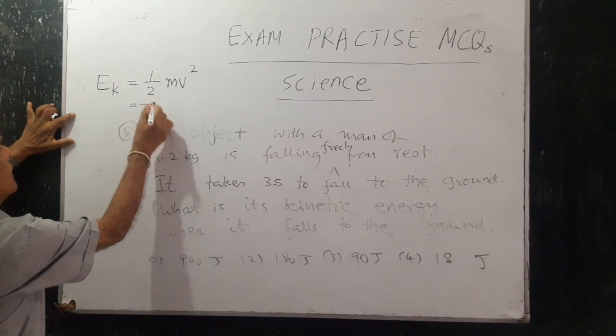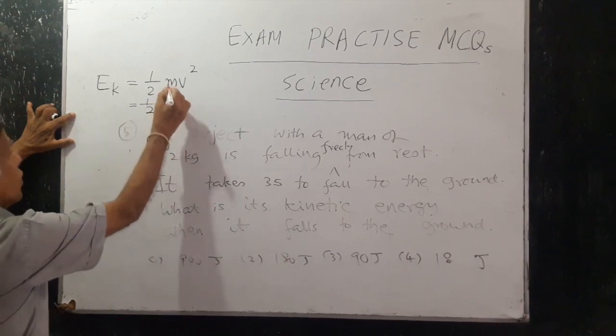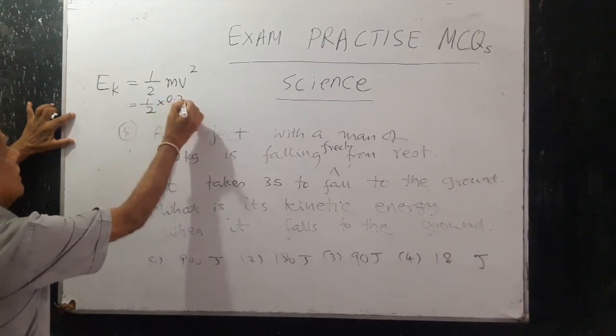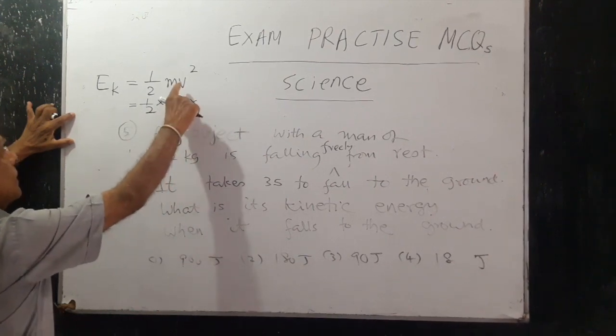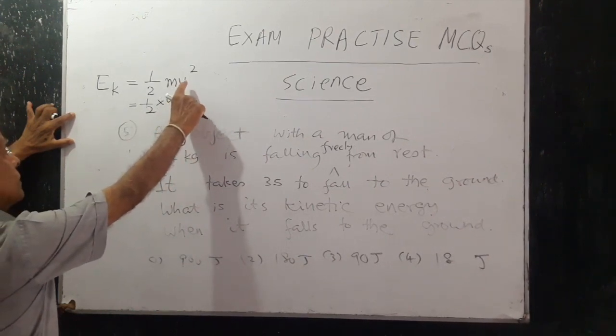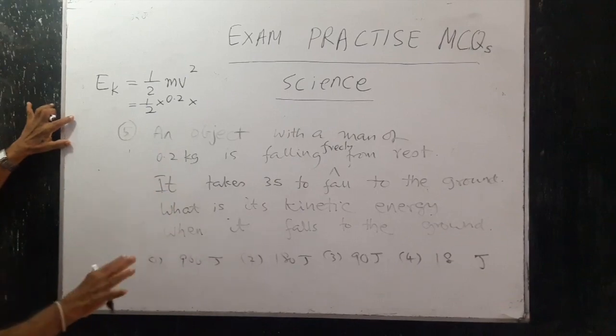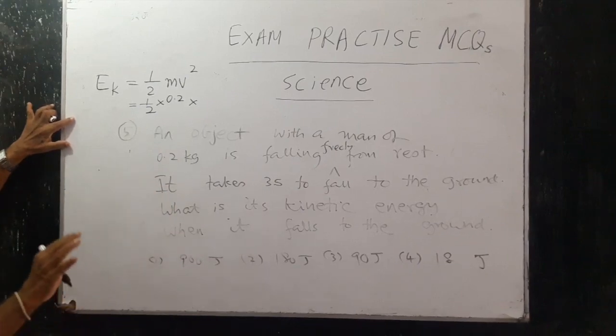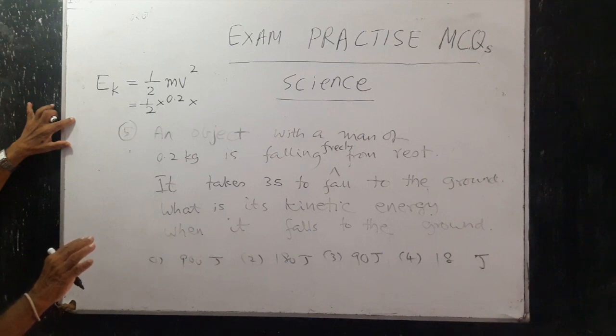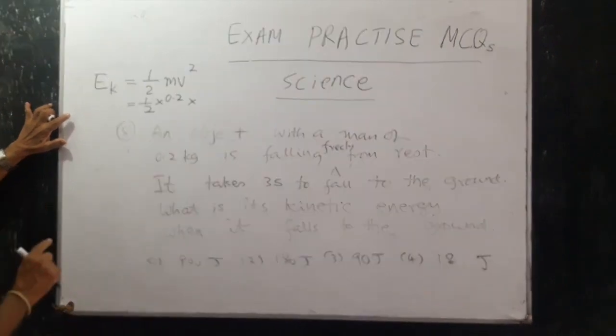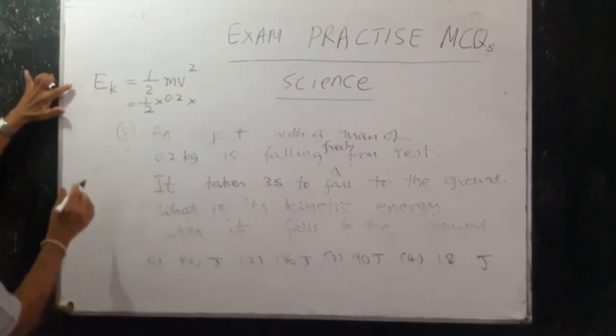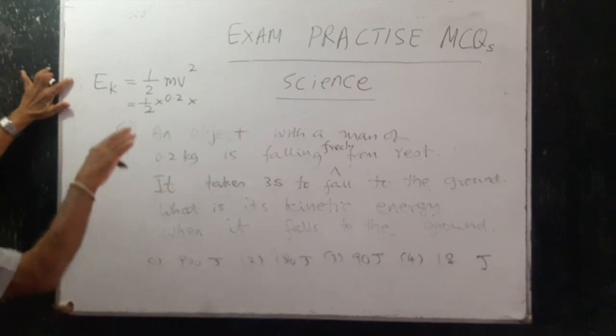Now half, you know the mass 0.2 kilograms, but you have to find out the velocity of this object when it falls to the ground. Now you know that it takes 3 seconds to fall to the ground.